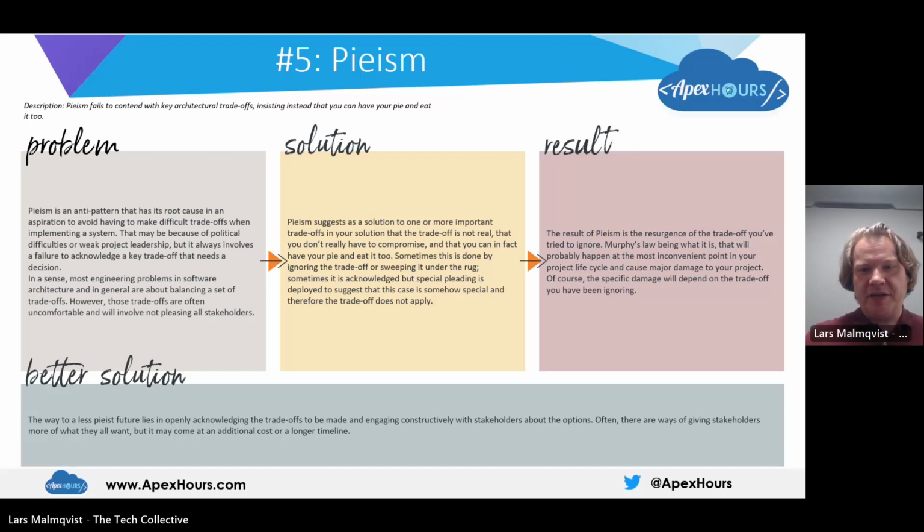So believing that you don't have to is often an attractive option because, especially in political organizations, or if you've got relatively weak project leadership and you don't have a lot of senior support, then you can just push the problem out of the way. You can push the decisions down the line, and you can hope that they somehow go away on their own, or that it'll be someone else's problem.